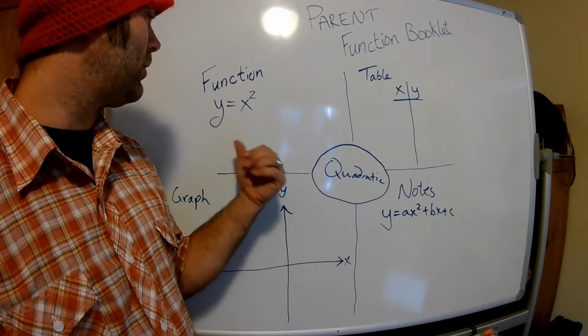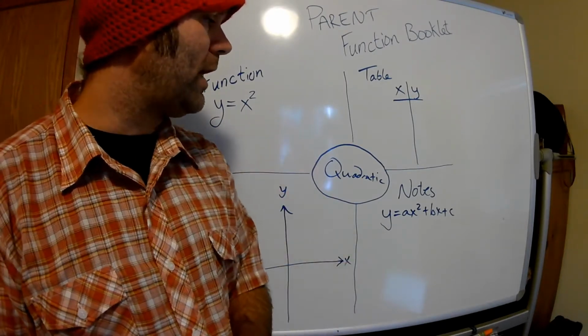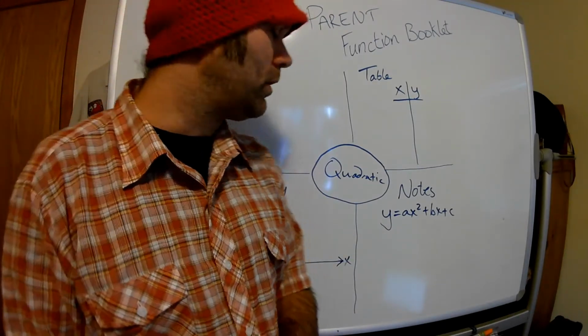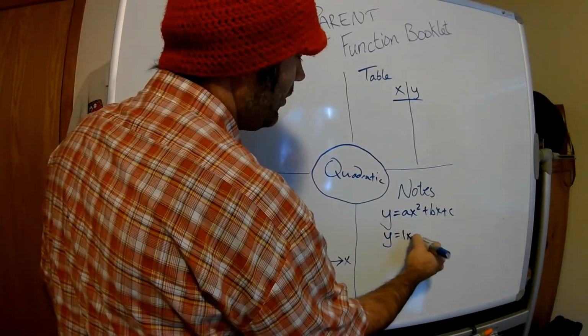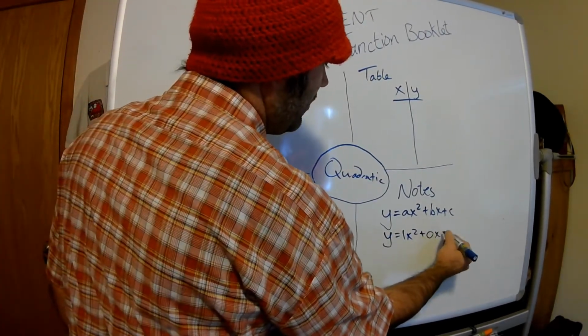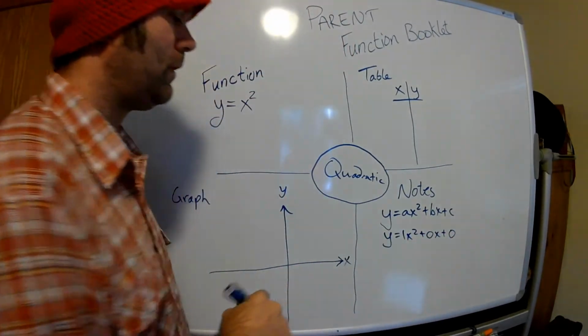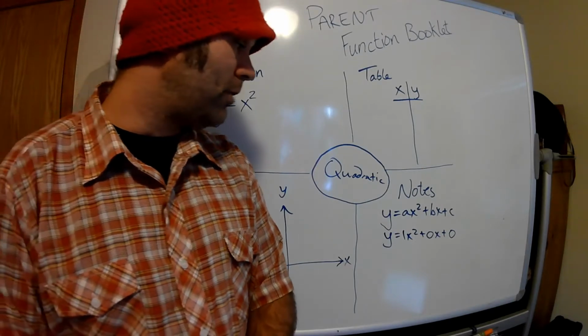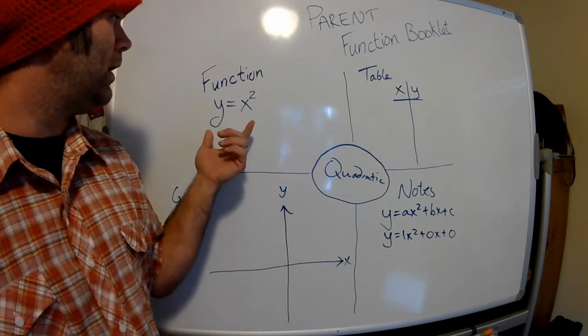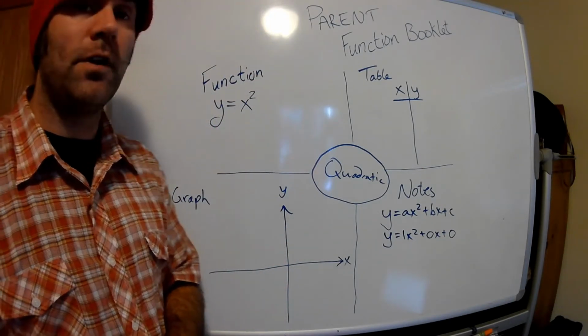And you can see how this could be written in the form y equals ax squared plus bx plus c. We could write it as y equals 1x squared plus 0x plus 0. So that is the standard form. It is a function then, and it is the quadratic parent function.